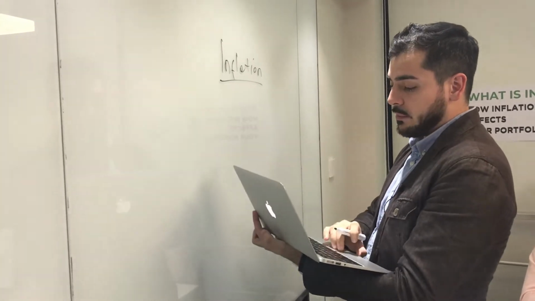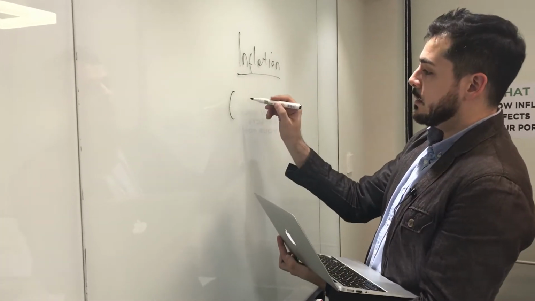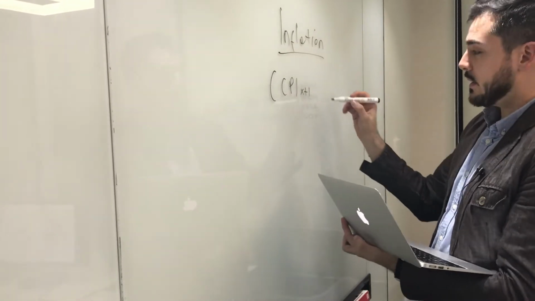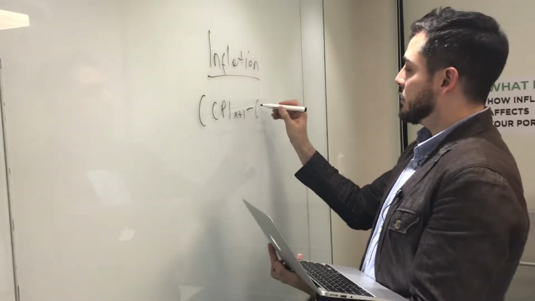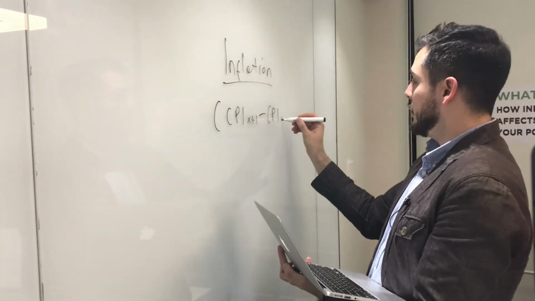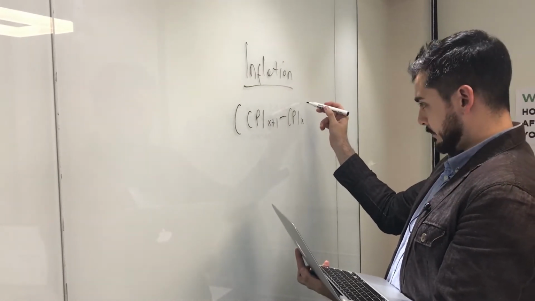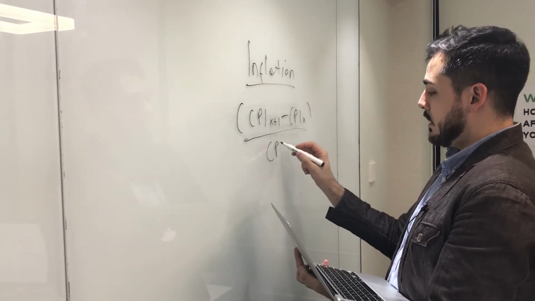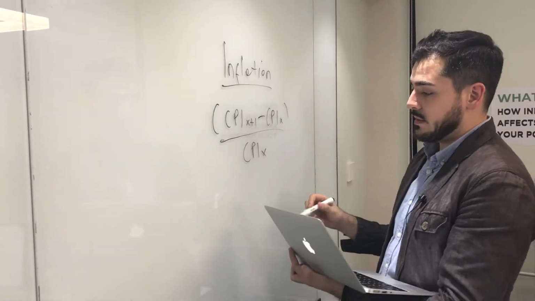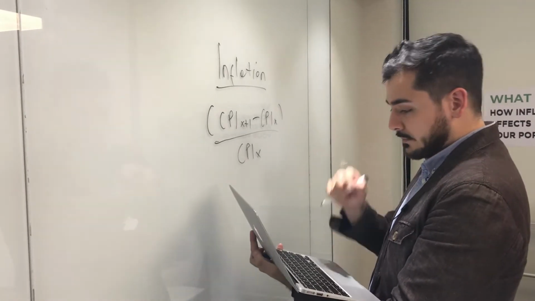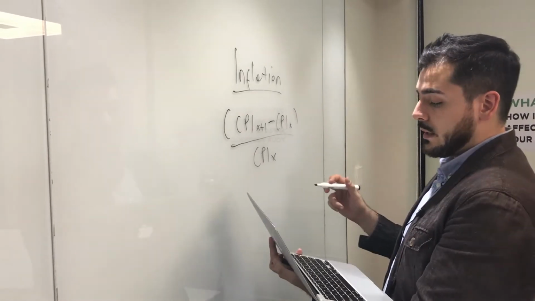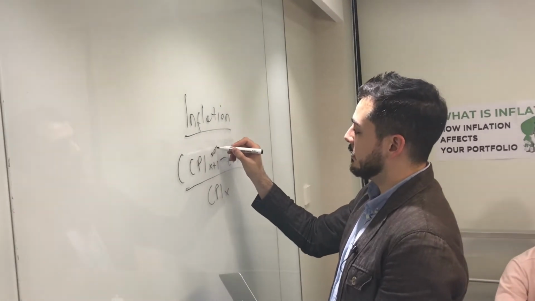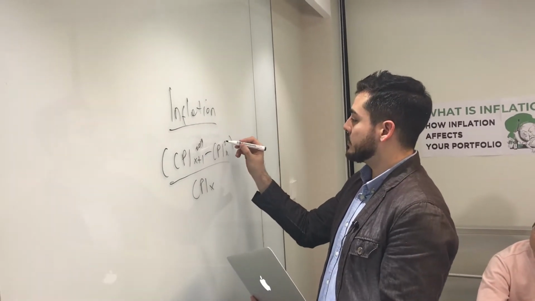So the formula will be the consumer price index this year minus the consumer price index in the first year, divided by the consumer price index of the first year. For example, this one is 2019 and this is 2018.